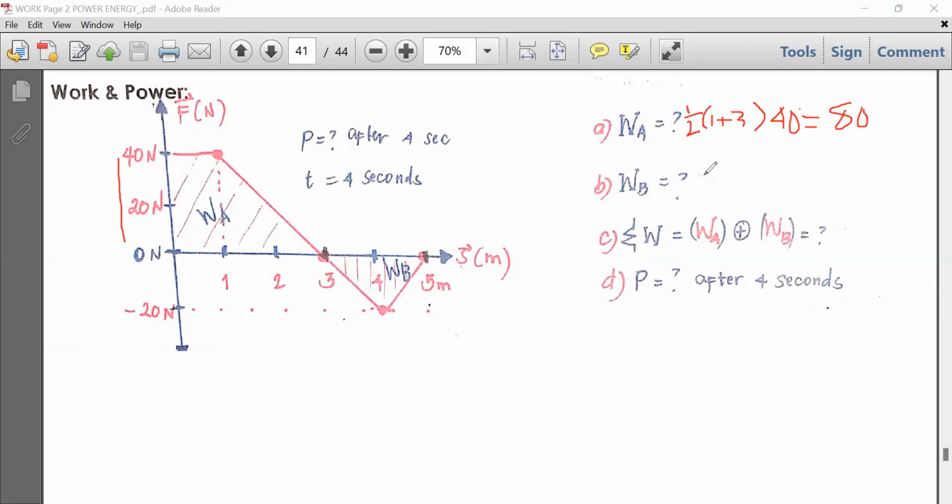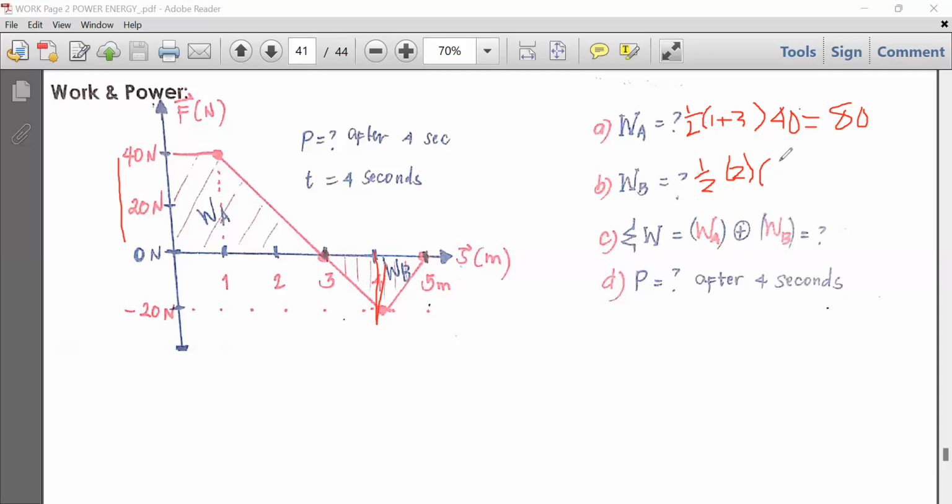How about here? It's a triangle, so it's 1/2 base times height. The base is 2 and the height here is 20.